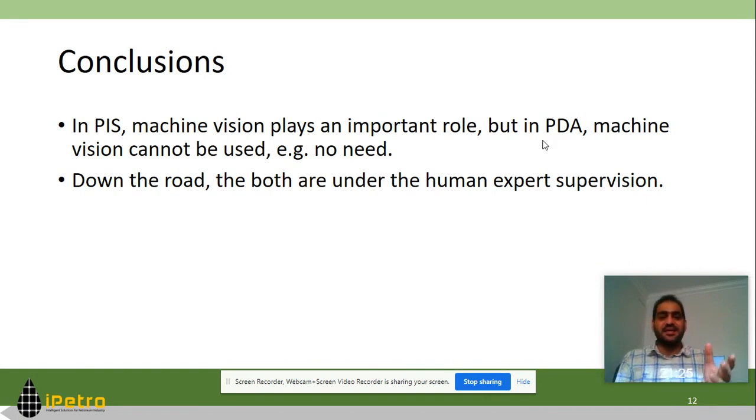PDA just doesn't use machine vision; this is just for comparing the differences between these two technologies. And finally, down the road, they both are under human expert supervision. The results should be confirmed by the human expert.